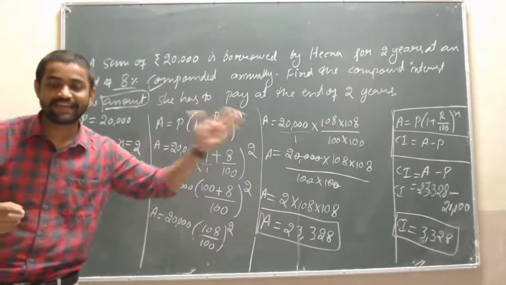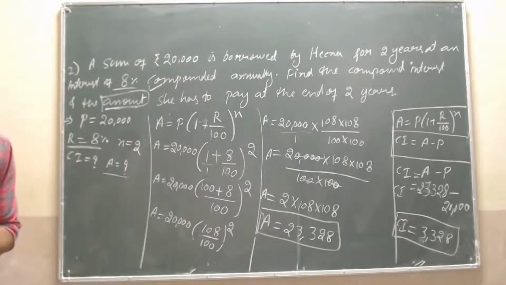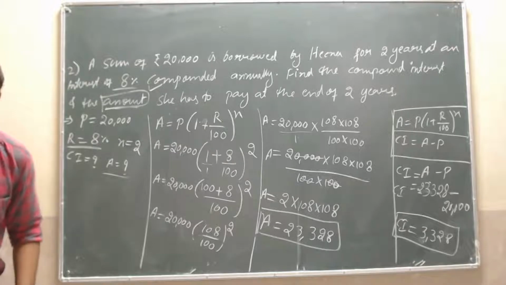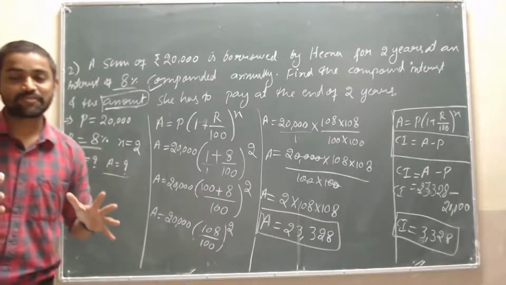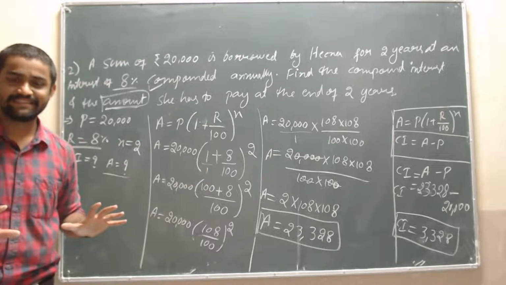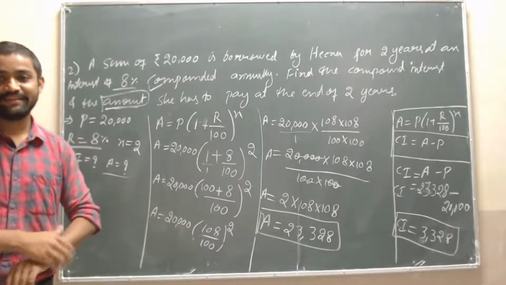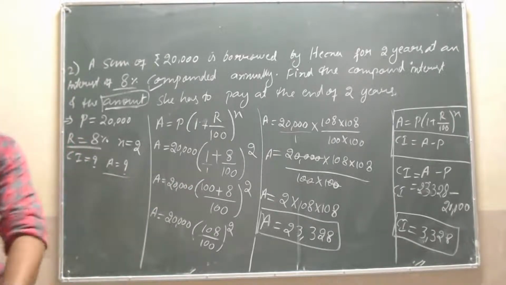Then substitute, and we will get the answer, students. Is it clear? Yes. 23,000, 3,328. Very good, students. 3,328 rupees is the compound interest. Is it clear? Yeah. And move to the next problem.